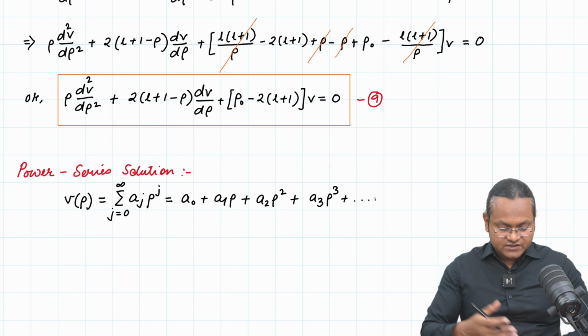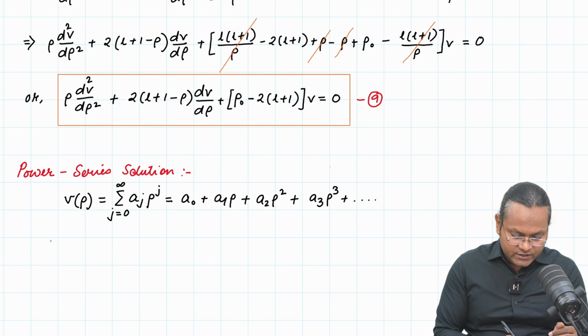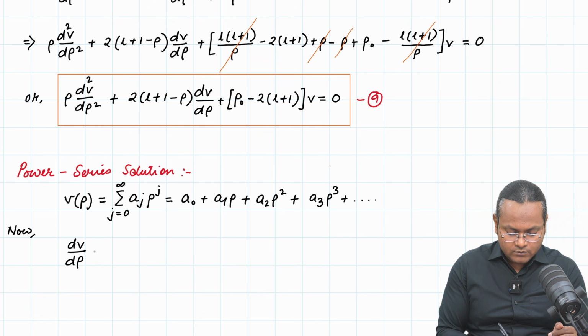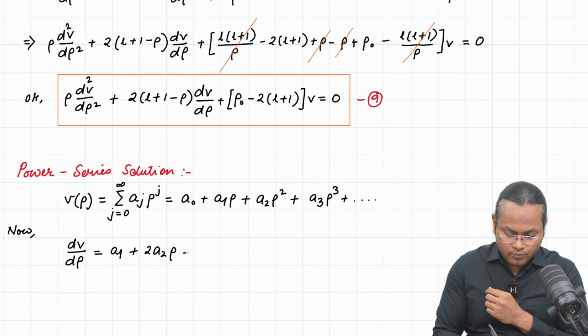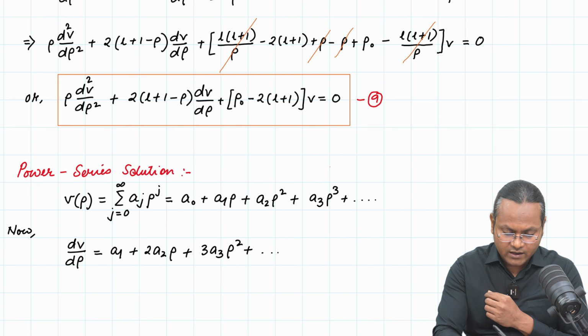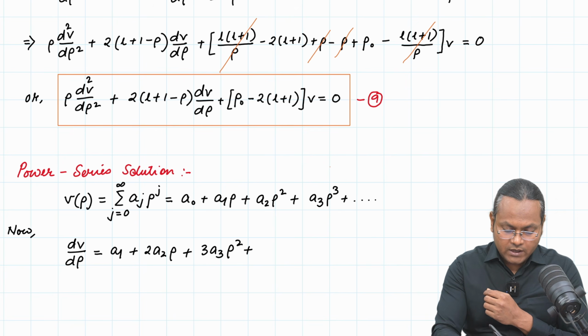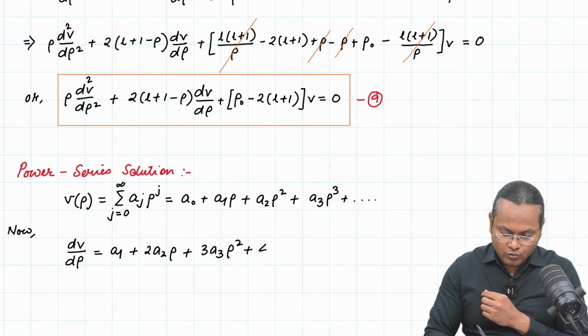This is the series for the function v. What if we take the derivative of v with respect to rho? This will basically give us a1 plus 2a2 rho plus 3a3 rho square plus on. I think here, if I want to write one more term, I will get something like 4a4 rho cube and on, right?